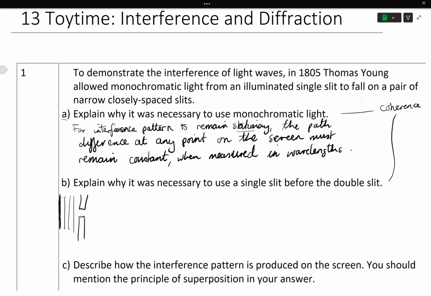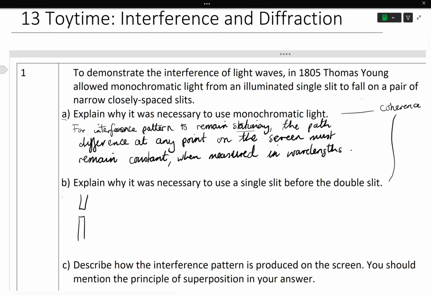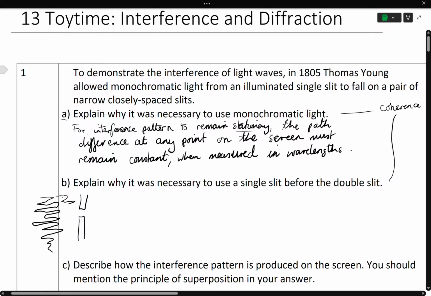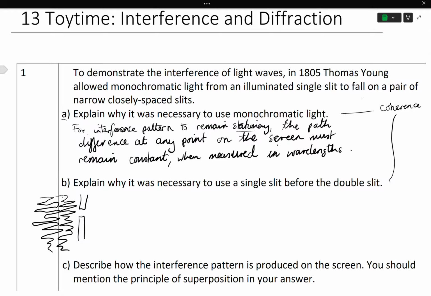Now, for normal light, probably a better picture for the wave fronts, even when it's been through a monochromatic filter, is that the peaks don't appear in the same place as you go across the wave front from left to right. So what we end up arriving at the slit is not these nice straight lines, but bits where a peak over here might arrive a bit before the peak next to it.